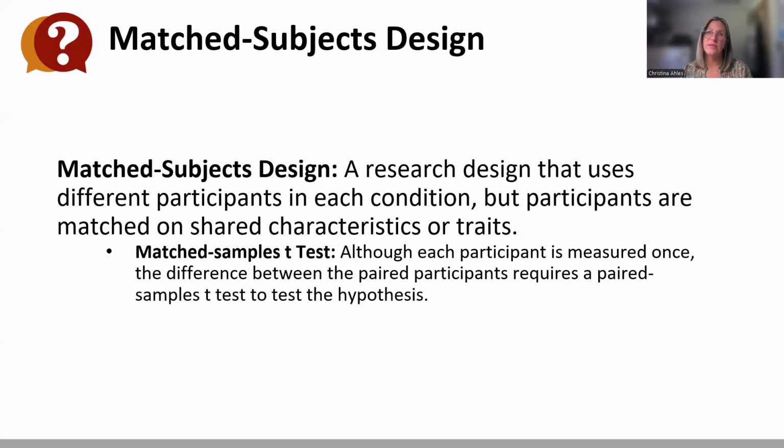You would still calculate it using the paired t-test, but it's actually called a matched samples design. You have two different participants in each, but they're matched on characteristics or traits, like having a pinch hitter in baseball: if your legs hurt, you're gonna hit the ball, but you're gonna have a runner for you. That's basically what's happening in this.